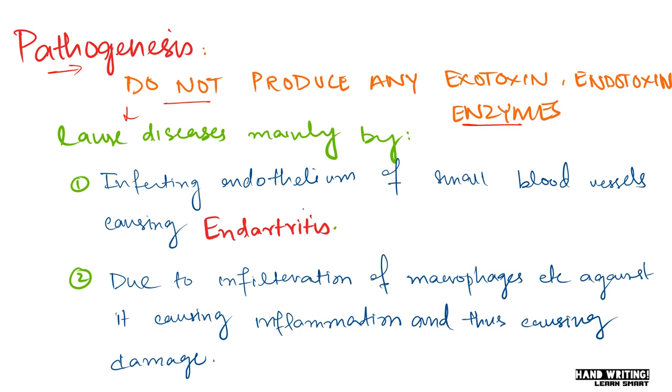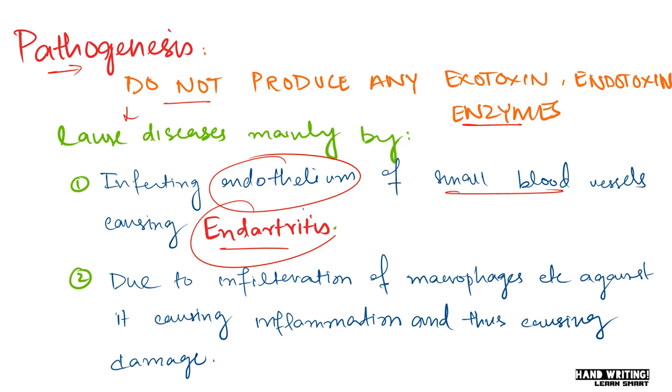They cause disease mainly by infecting the endothelium of small blood vessels, causing arteritis, i.e., inflammation of the endothelium of the blood vessels, thus damaging the blood vessels and compromising the blood supply to organs.